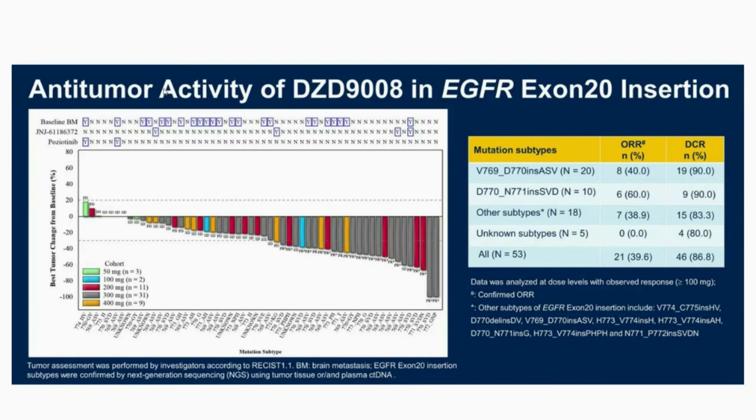But in this study, we saw that about 40% of tumors were actually having significant responses to this agent. And this is looking at different dose regimens as well. So the hope is that this will continue to develop, and we'll see longer term follow-up data.